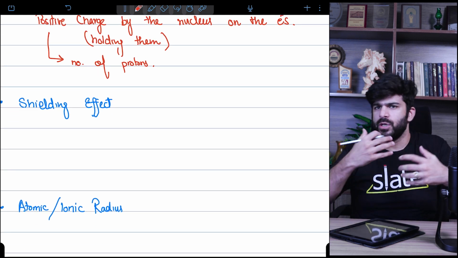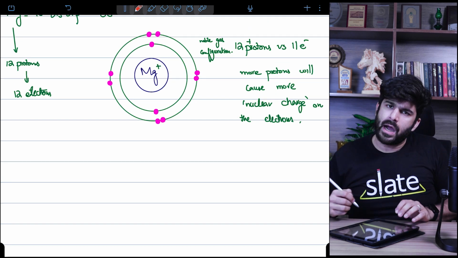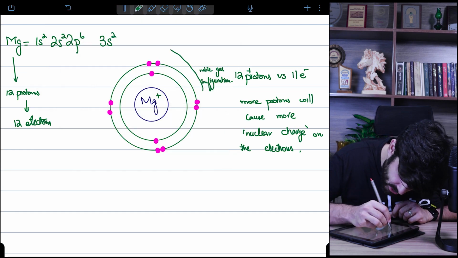Shielding effect is a different concept, a new one. So let's look at magnesium again. I will draw the outermost shell again.